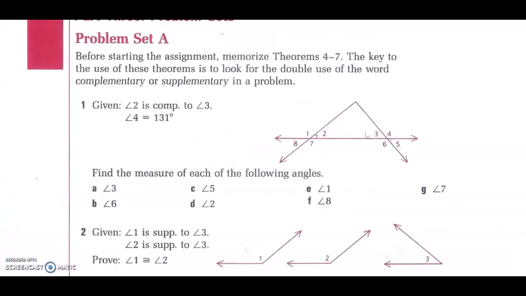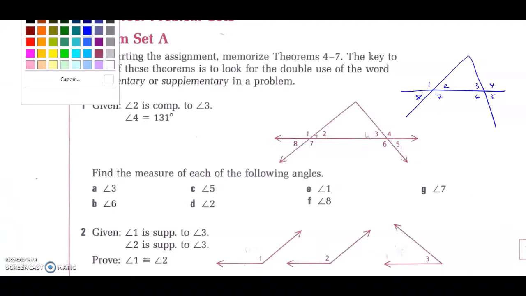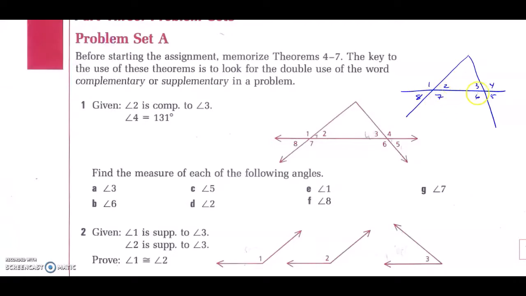Looking at the problem set, you are going to want to draw out this A shape and maybe use a pen to number them. Because then you can use your pencil to say 4 is 131.